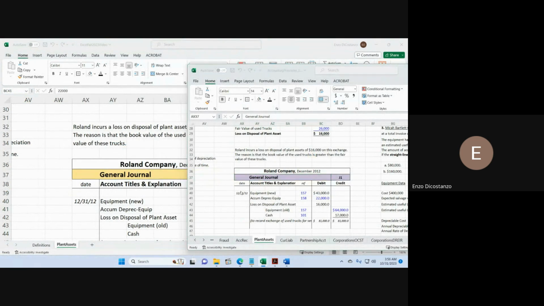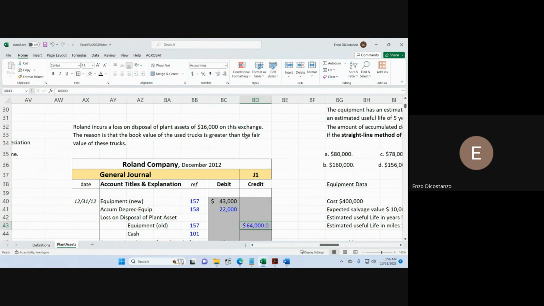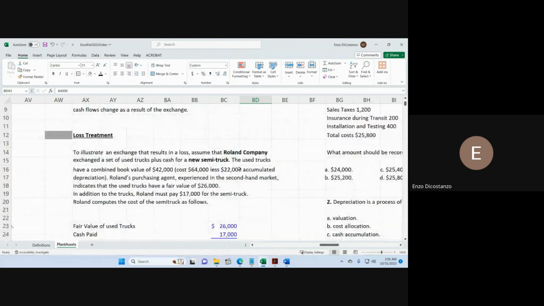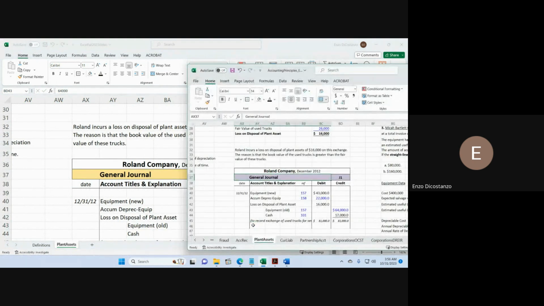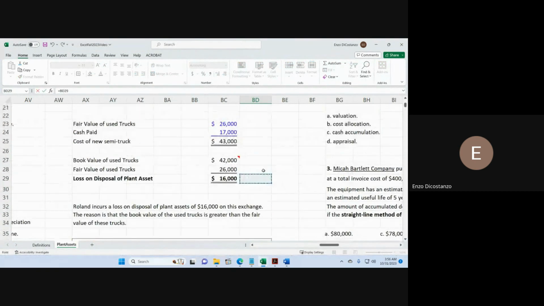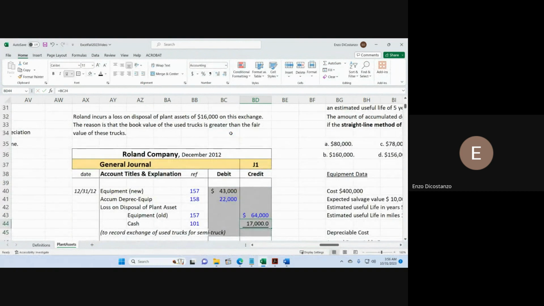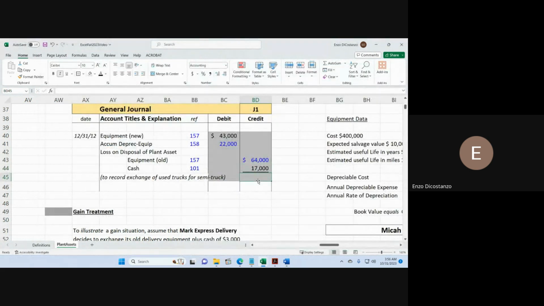You're writing off the old accumulated depreciation is what you're doing there. And then you're writing off your old equipment, 64. That's your old equipment that's getting written off. That's from up here. So these two are write-offs, the 64 and the 22. The cash that's going out the door is 17. And then you've got to net your losses or your gains. Obviously, in this one, these are losses. So equals sum.